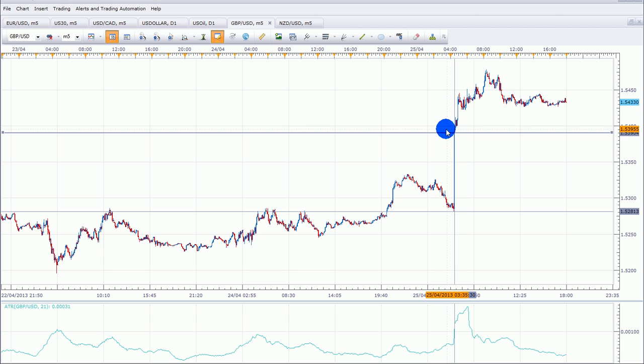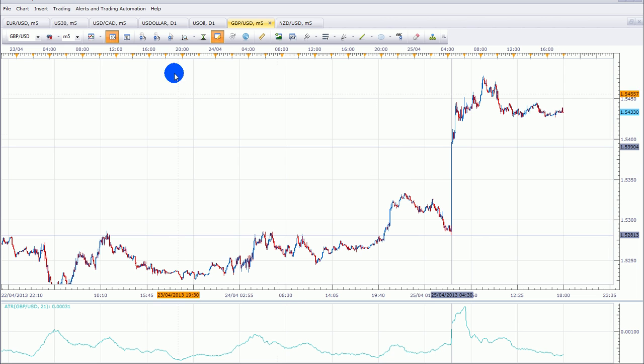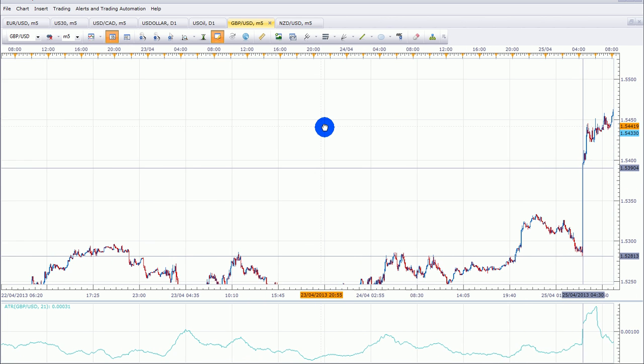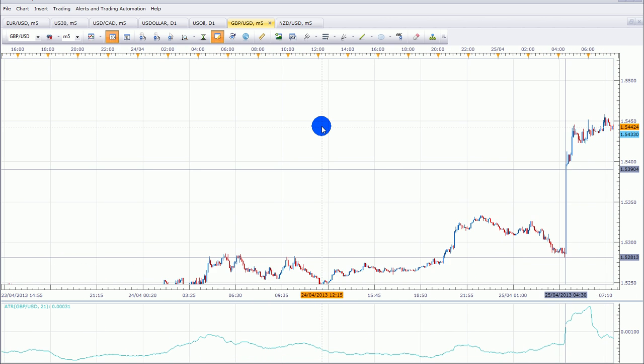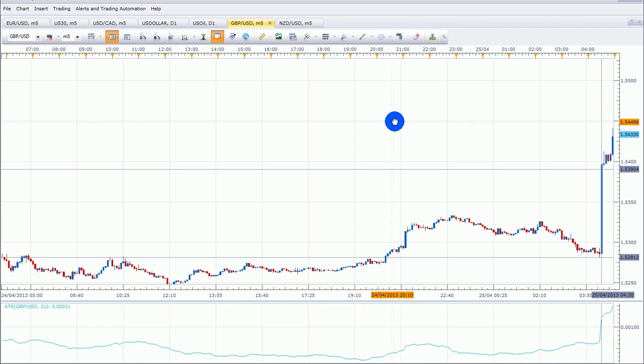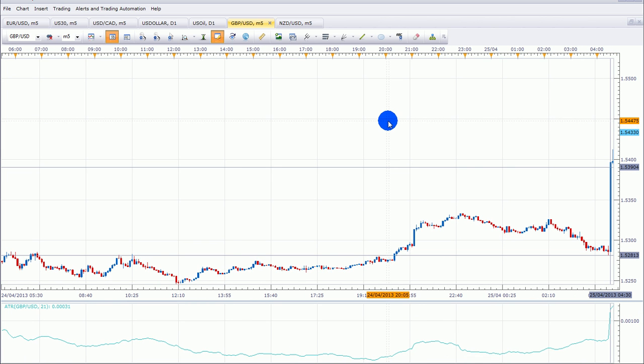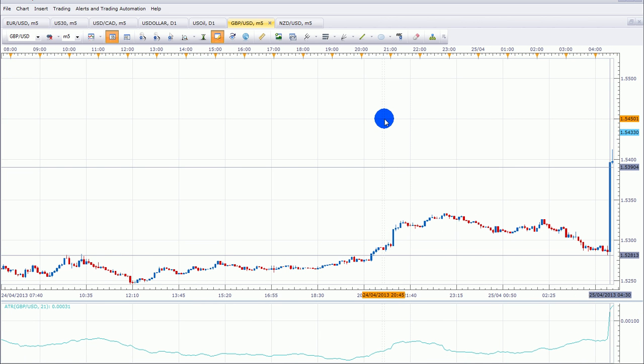But was this expected? The answer was yes. It was actually expected, because we had much better than expected GDP, and this news continues to go in the direction of the 5-minute chart. So we can't use the average true range for the day like I exhibited yesterday.